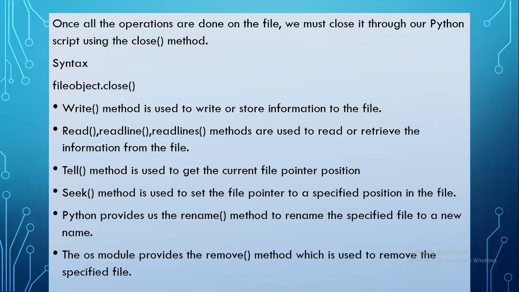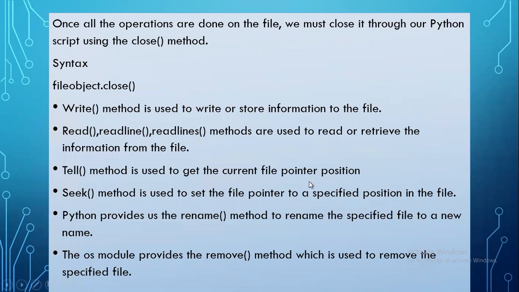And what are the methods which we use to do the reading and writing operations? So the write method is there, which is used to write or store information to the file. And we have readline, readlines methods, which are used to read or retrieve the information from the file. And other methods are tell and seek.